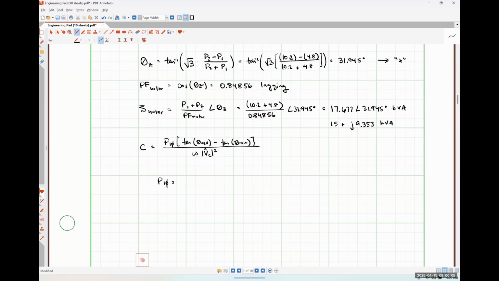So 15 over 3 is just 5. So 5 kilowatts. Okay. What's theta old? 31.945 degrees. Great job.